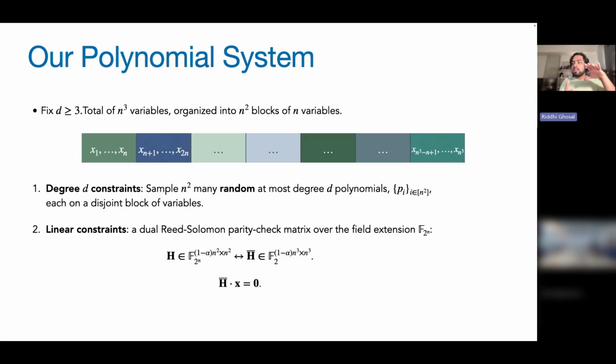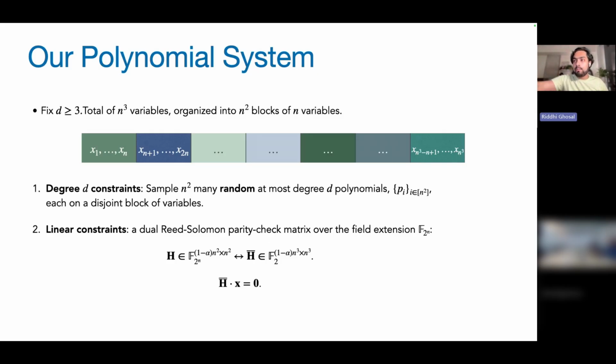Just think about stacking all the variables one on top of the other into this vector x, which is an n cube length vector, and hitting it on the left with a particular matrix H so that it satisfies the constraint that H times x is equal to 0. This is a specific linear constraint that I want on these variables. Now, this matrix H is not a random matrix. It's a specific parity check matrix for a Reed-Solomon code.